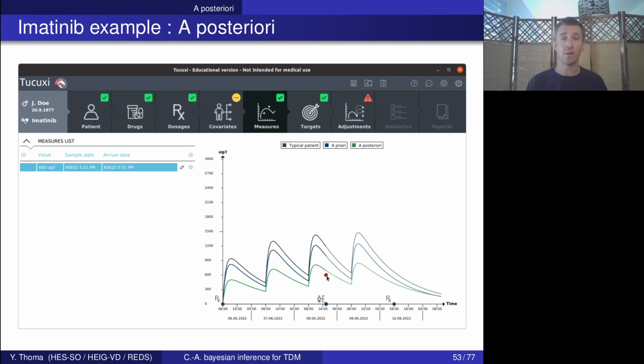And that's because we are not using least squares approaches, but this Bayes theorem, in the sense that this green curve should be very close to the blue one, because we expect the patient to be close to a usual patient with his covariates. But the measure will attract, in a sense, the prediction towards it. So it's kind of a battle between the a priori curve and the measure. That's why we are just here in the middle.